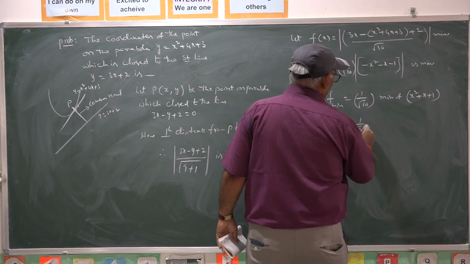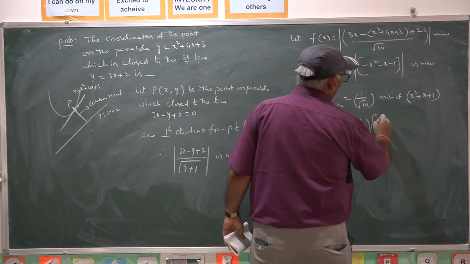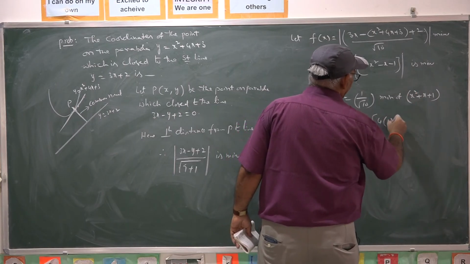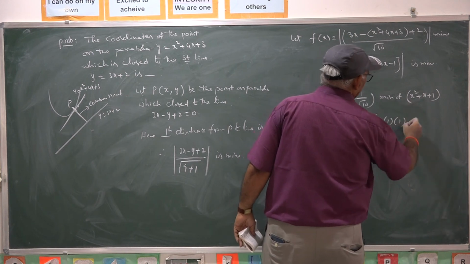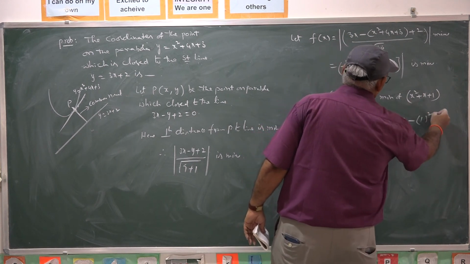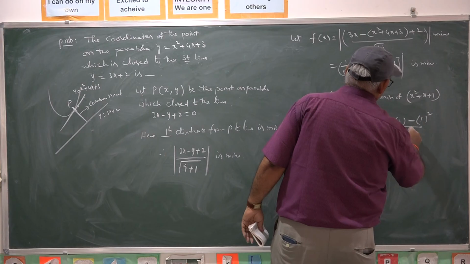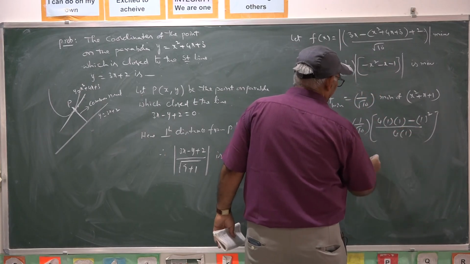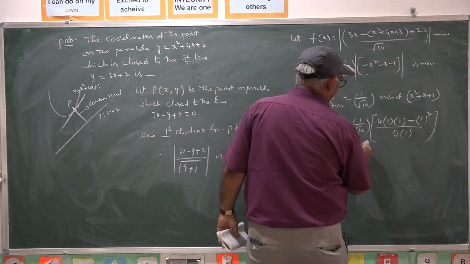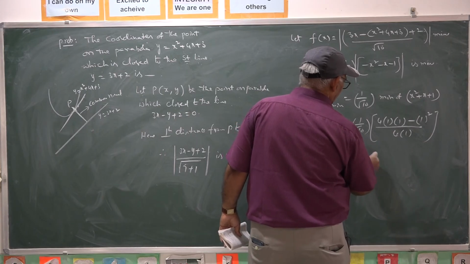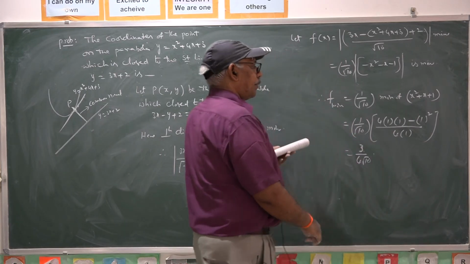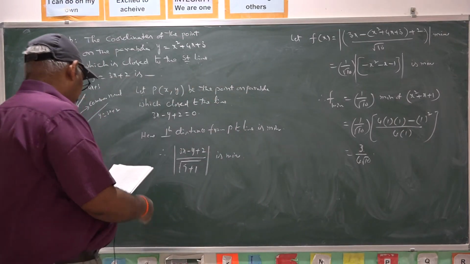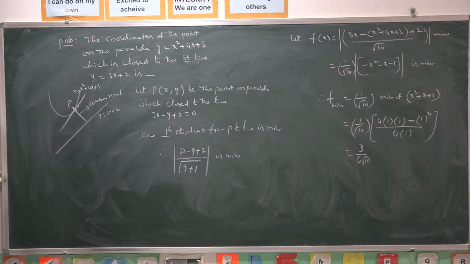The minimum value of that quadratic is given by (4ac minus b square) by 4a, where a is the x square coefficient, c is the constant, and b is 1. That is (4 minus 1) by 4, which is 3 by 4. So the minimum distance is 3 by 4 root 10.